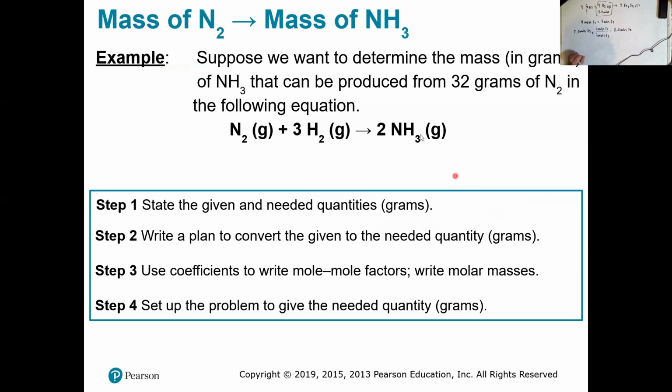So here's a question we can look at. Suppose we want to determine the mass in grams of NH3 that can be produced from 32 grams of nitrogen in the following equation. So let's write down the equation and the information that they give us.